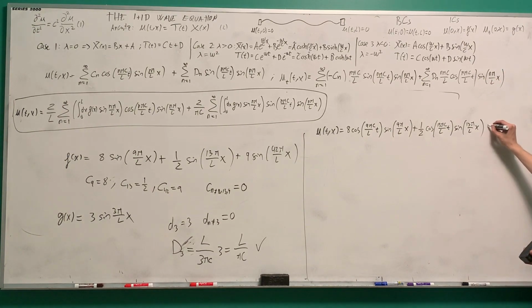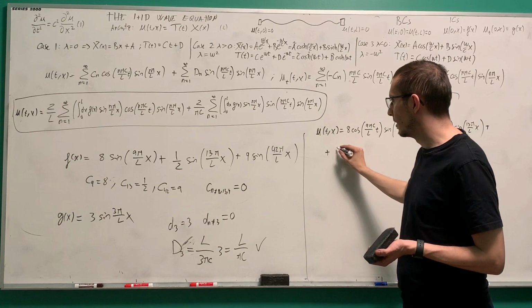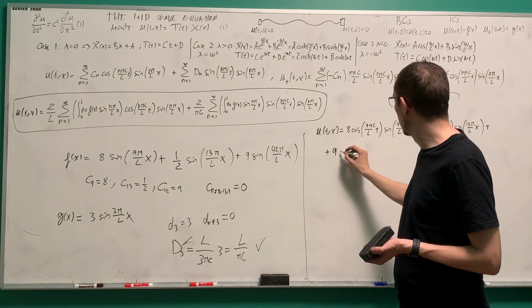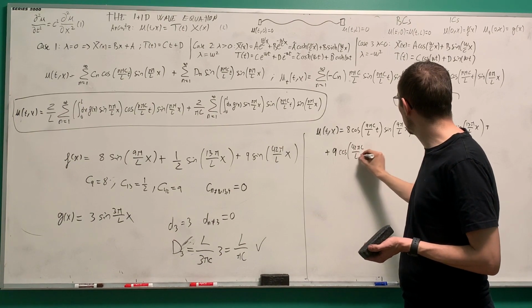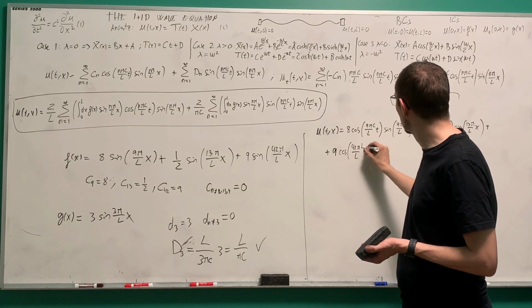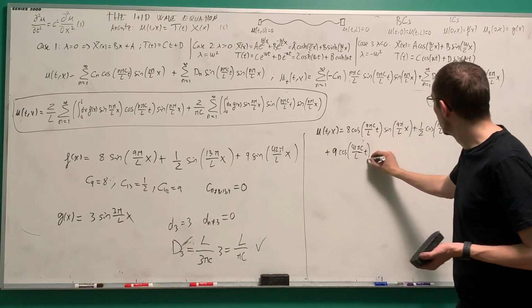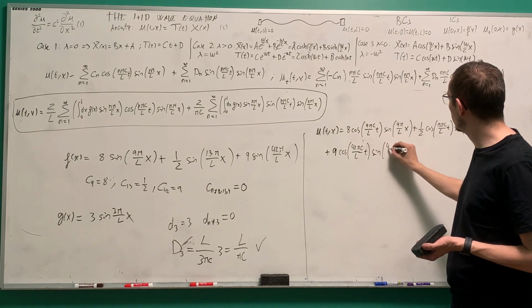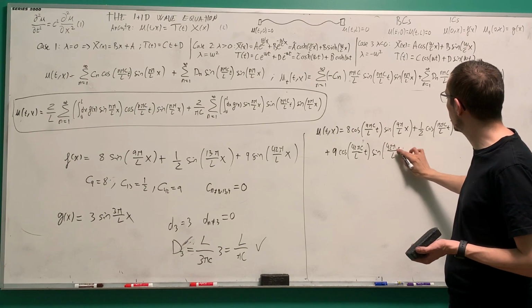Let me write the next one here. Plus now the 42 one, which is 9 times cosine of 42 pi c divided by L t, times the sine of 42 pi divided by L x.